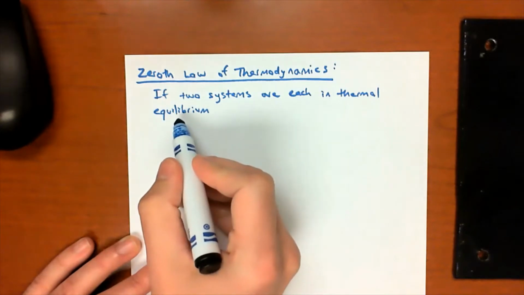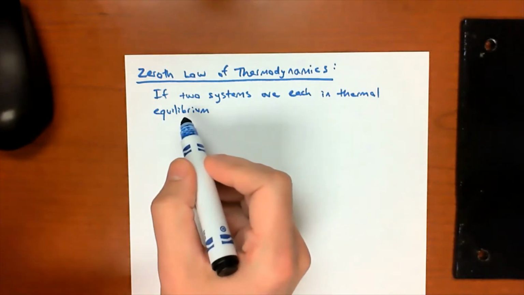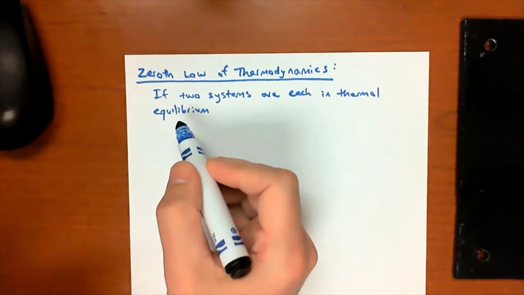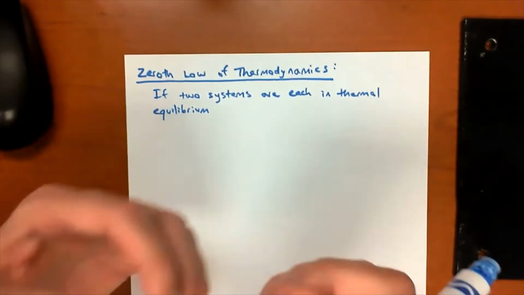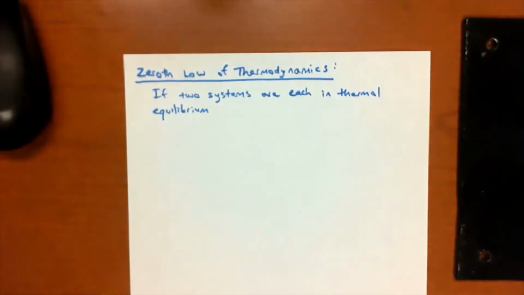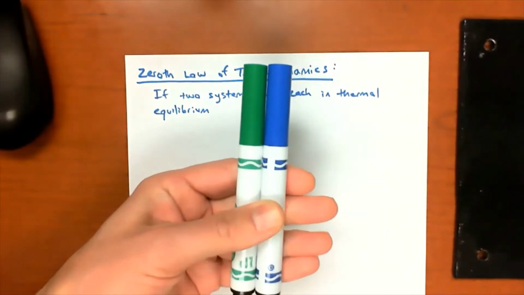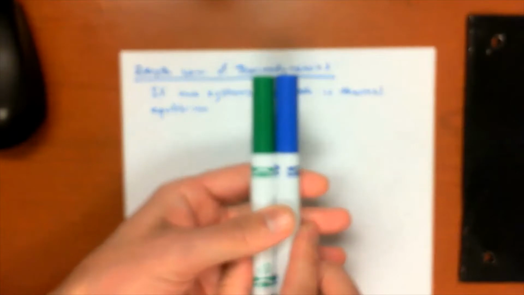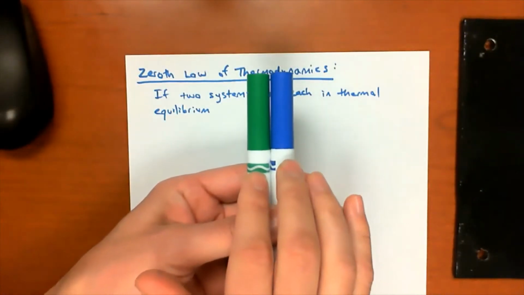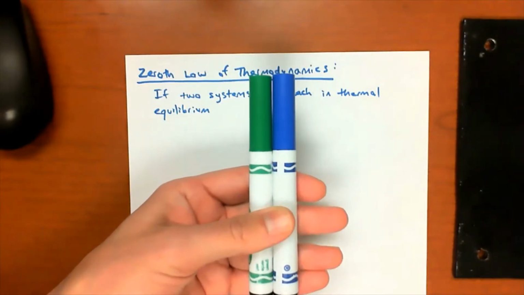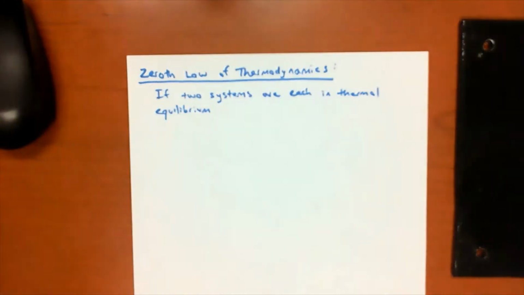It means that they're stable in temperature with no heat transfer between them. All right. So if I've got two bodies right next to each other, like this is body A and this is body B, if they're in thermal equilibrium with each other, they're at the same temperature and there's no heat being transferred between them. All right, that's what thermal equilibrium means.